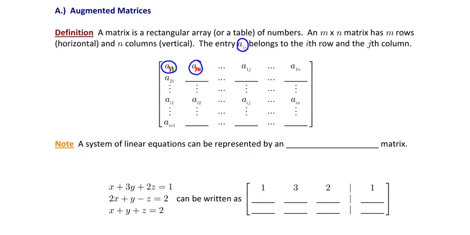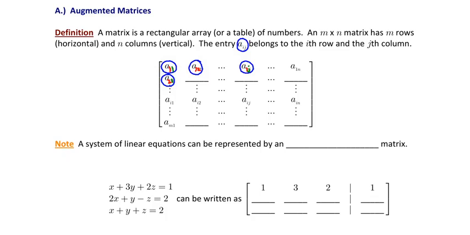So if I go down to the next row, I have the entry in the second row and the first column. Now, if I look at the general entry, A sub 1j, this just means it belongs to row 1, column j. J just represents some intermediate value between 1 and n.